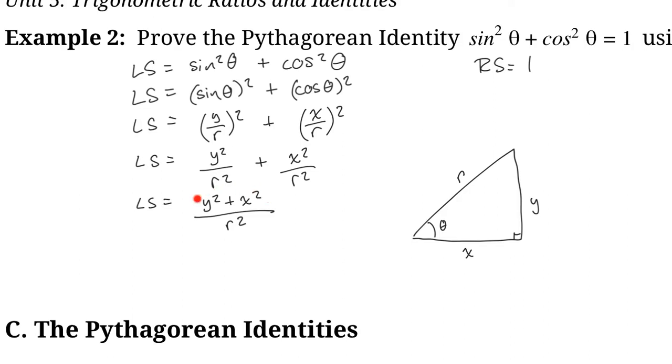So we can now replace y squared plus x squared with r squared. So the left side is equal to r squared over r squared, and we just need to make a little note to show where we got that. So r squared is equal to x squared plus y squared, and r squared over r squared is just equal to 1. So now the left side is equal to the right side.